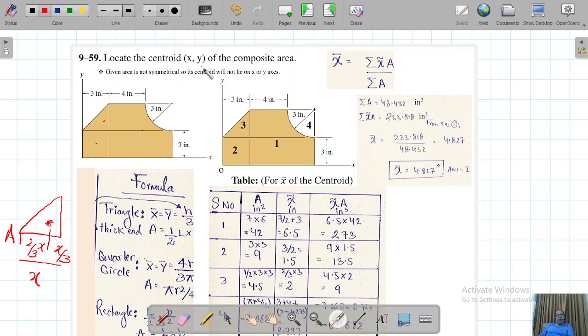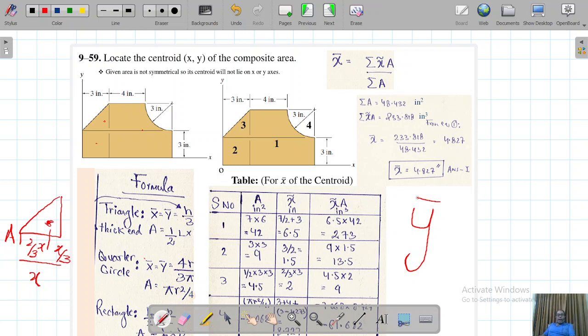Centroid means not only x bar; after calculating x bar, you must also calculate y bar. This is very important. Not only x bar is to be calculated, but you also have to calculate your respective y bar. Remember this thing.